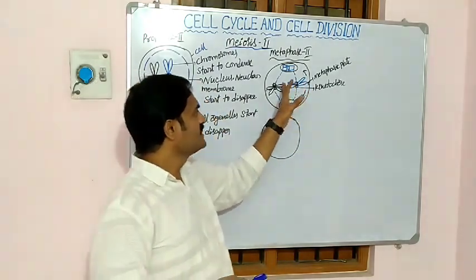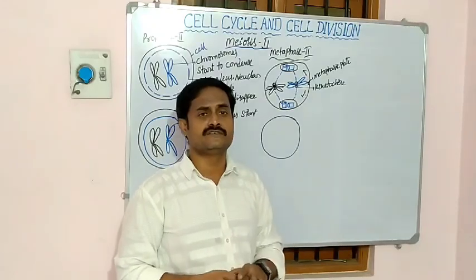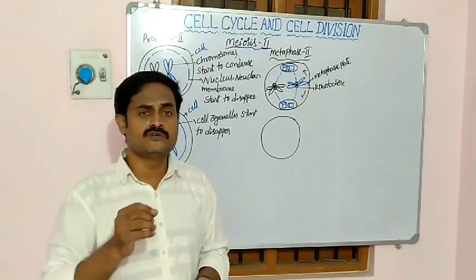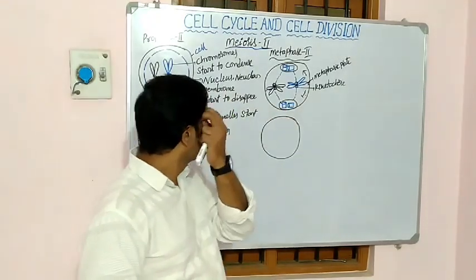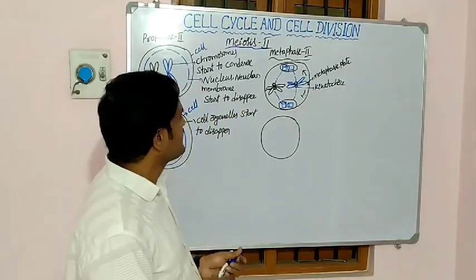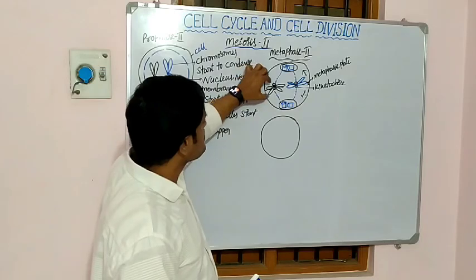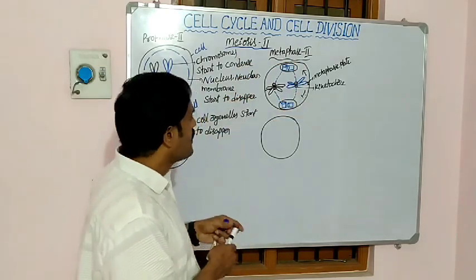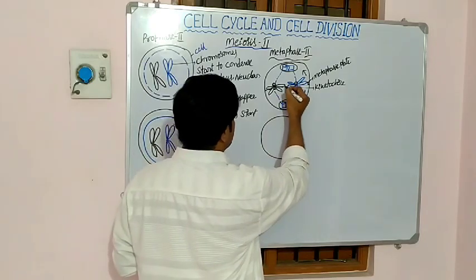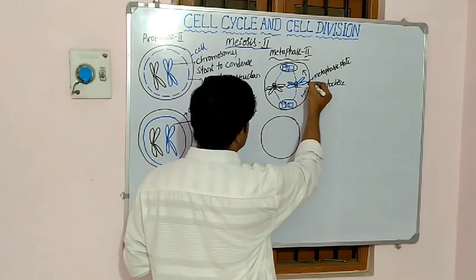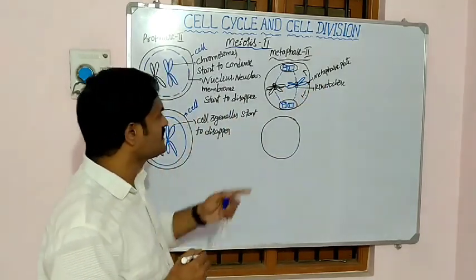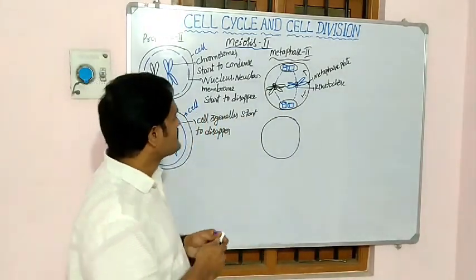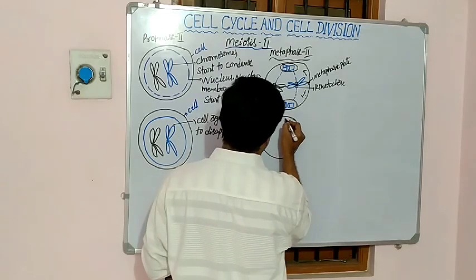For that reason, metaphase is very suitable for identifying chromosome structure clearly. During this phase, all chromosomes reach the center of the cell, and they form the metaphasic plate. See this plate, one plate is present in the cell. This plate is called what? Metaphasic plate.